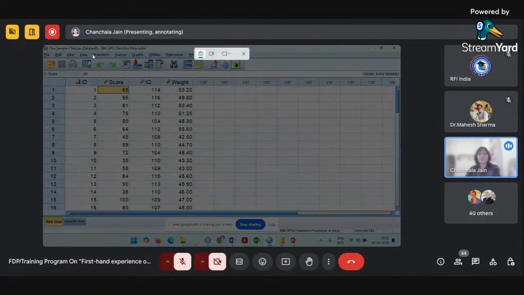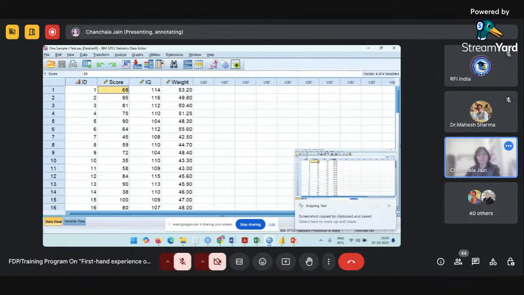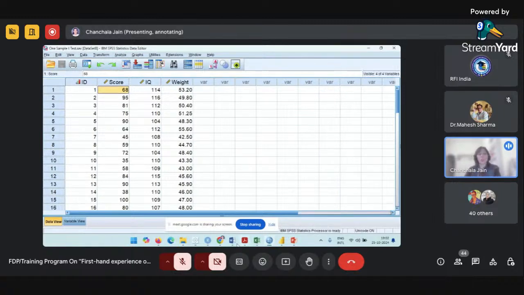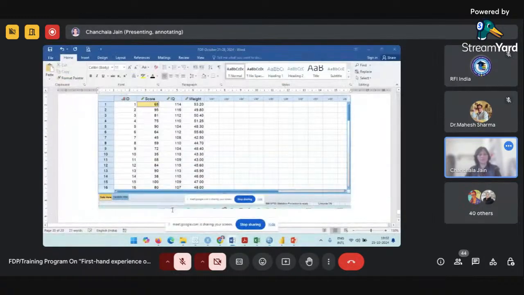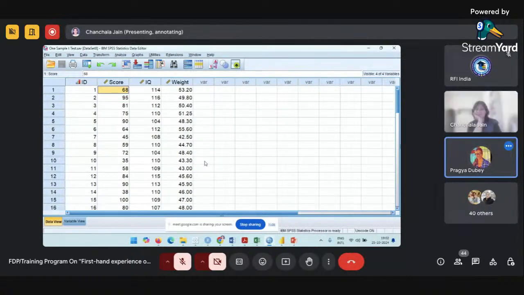I think I discussed this in the second class when I was talking about reliability and normality. I hope you can recall this. Or do I need to tell you? I said, how to check the normality of the variable in SPSS. Anyone who can recall this?